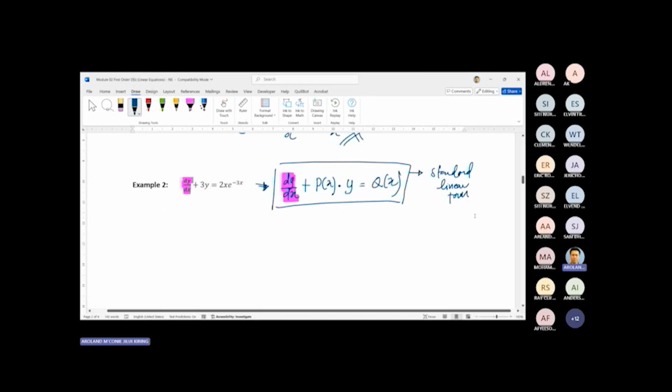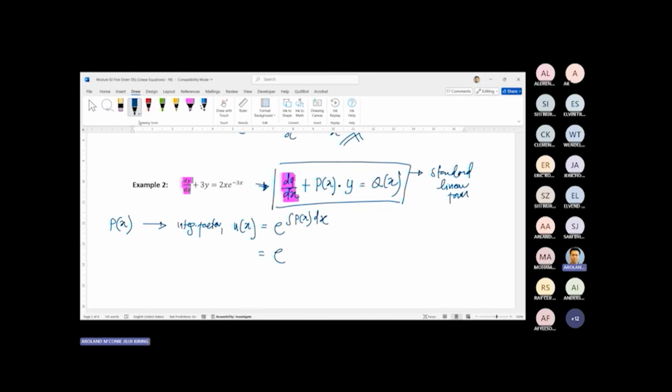Next, the step is you need to find what your p(x) is, because from p(x) we will get our integrating factor, which is given by u(x) equals exponent of the integral of p(x) dx. So what is our p(x)? p(x) is equal to this, right? It is anything in front of your function y.